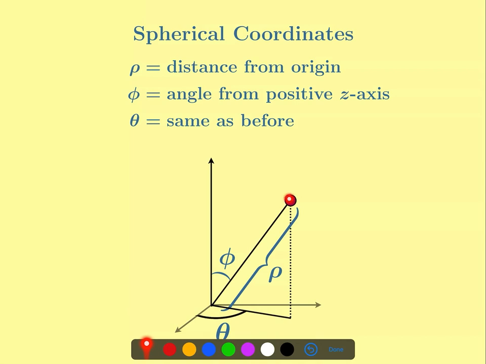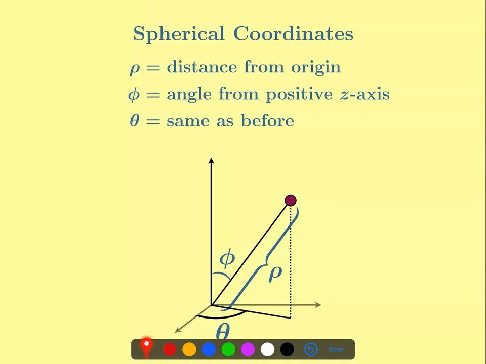So if I imagine this point, its shadow in the xy plane down here, I'm just looking at the angle this makes with the positive x-axis. So that'll be theta. Again, theta is the same thing as it was before. The rho is new, it's a distance from the origin, and phi is the angle from the positive z-axis and also new.